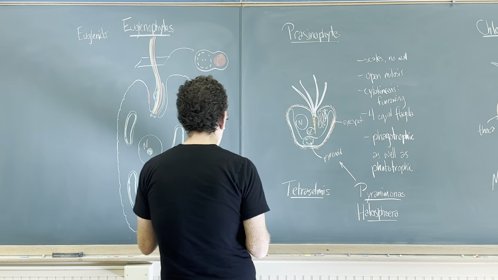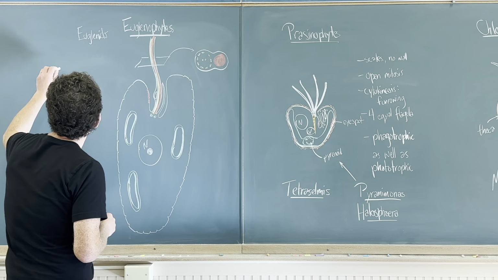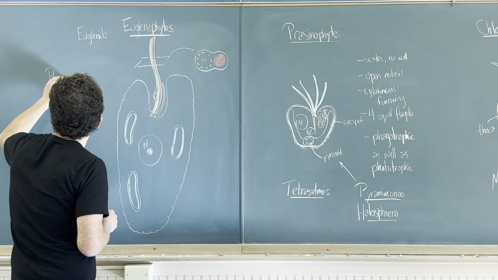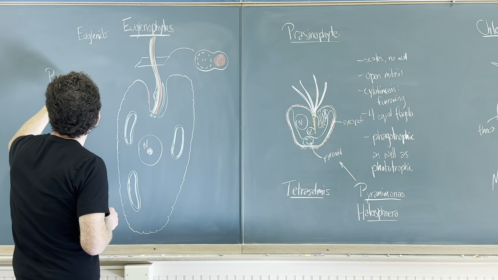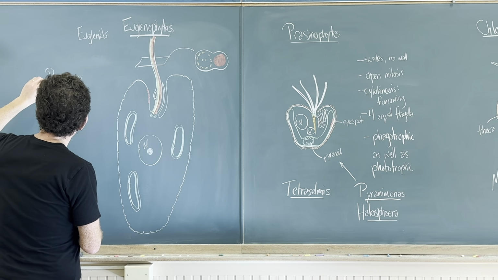In particular, the lab students will see that in one of the non-photosynthetic representatives that is easy to get in culture, Paranema. Paranema is a gliding predator.